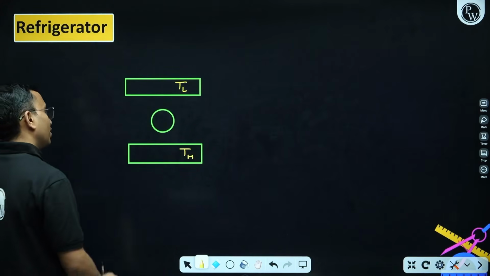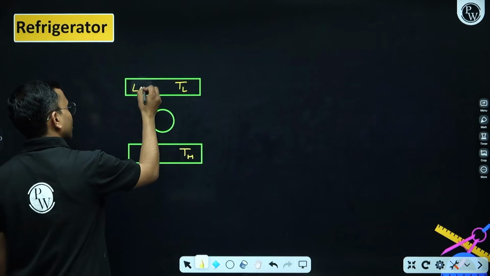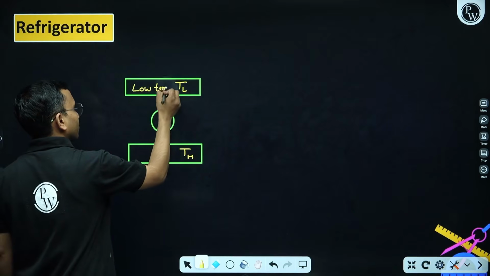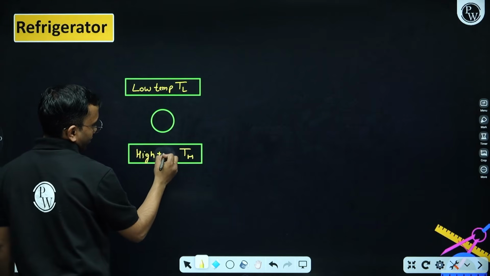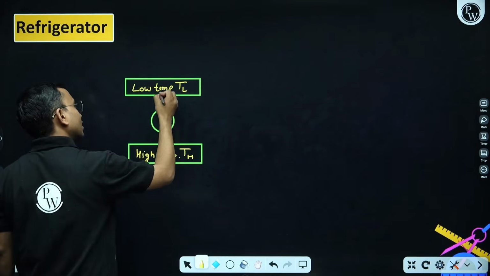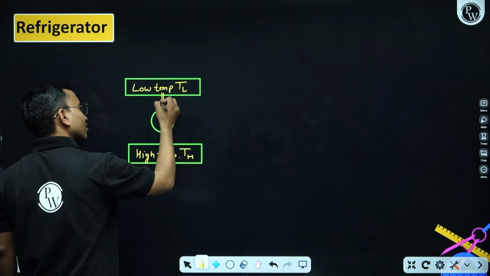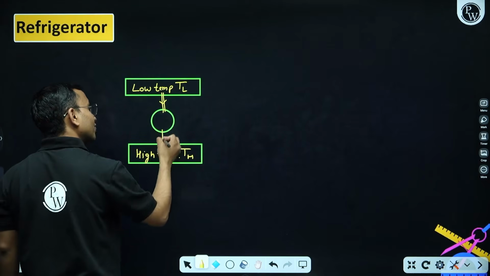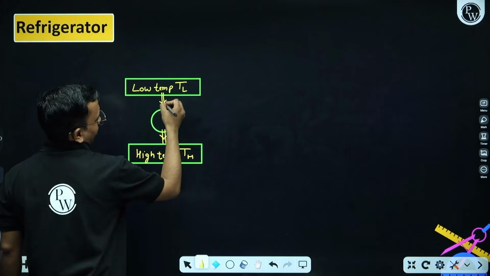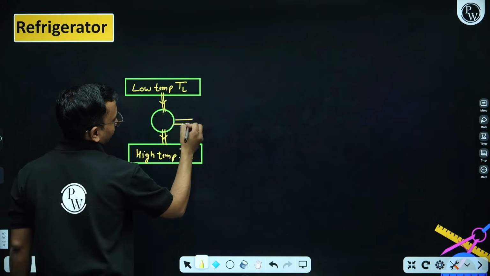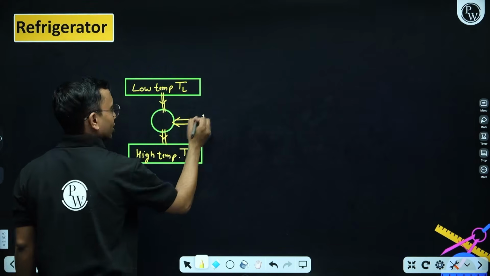So this is low temperature, this is my high temperature. You are taking heat from low temperature and giving to the high temperature. For that we need to do some work here.